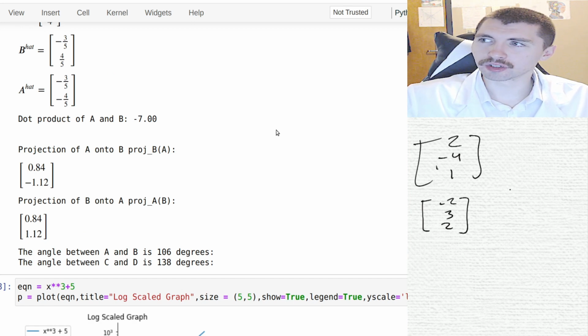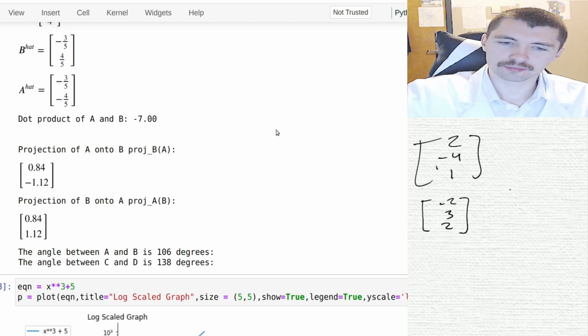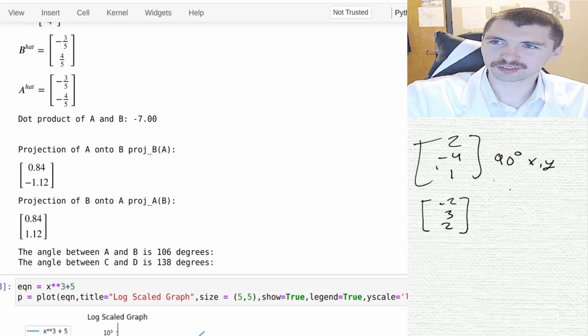Now I don't know if they want it, what's the word, if they want it like 90 degrees X, Y, and then 45 degrees X, Z. In physics, this might be more intuitive, but I don't really know.